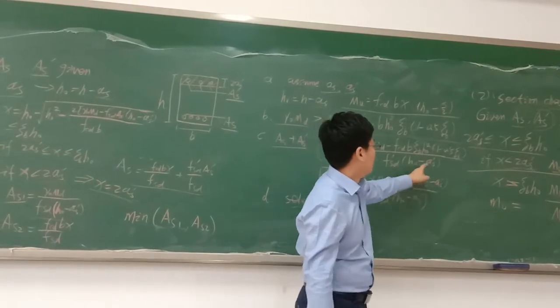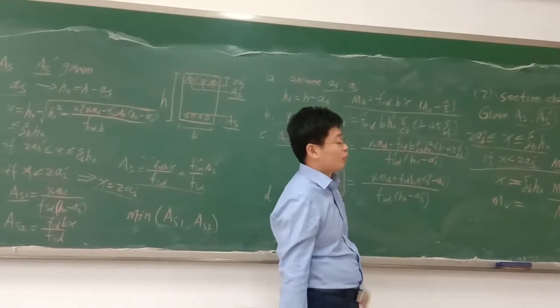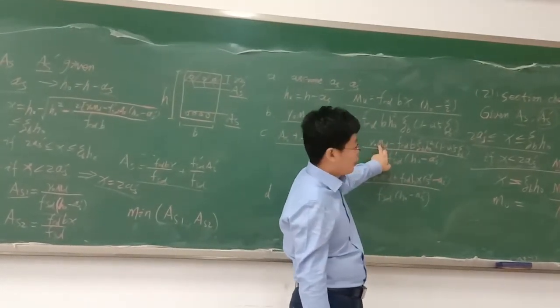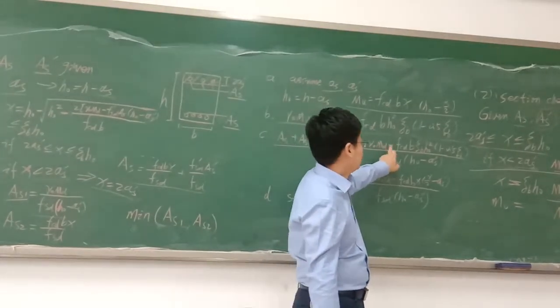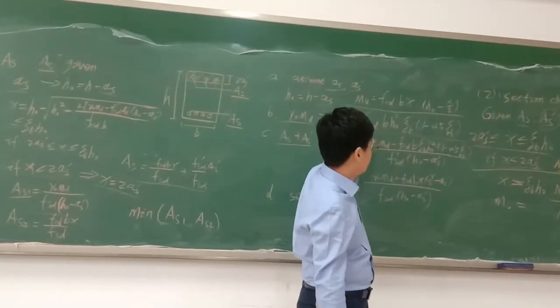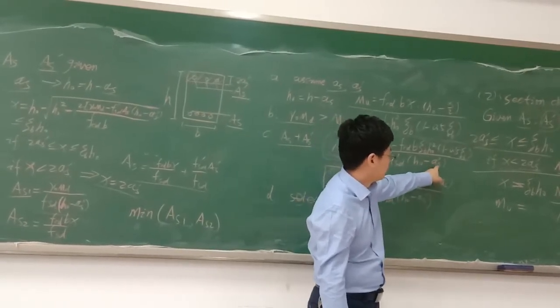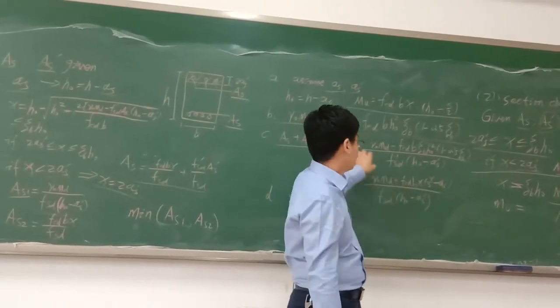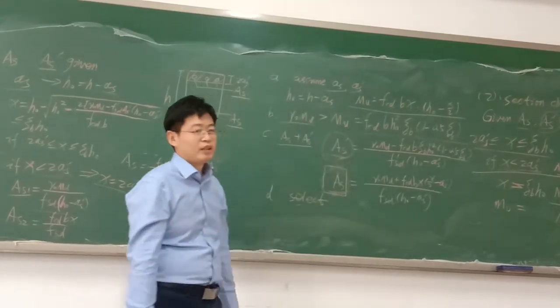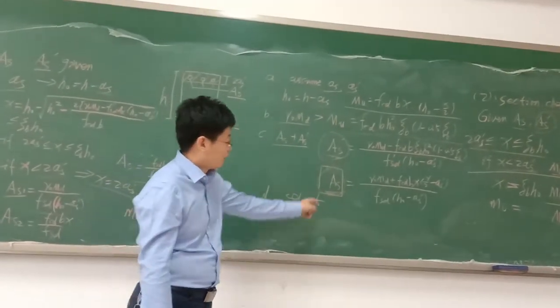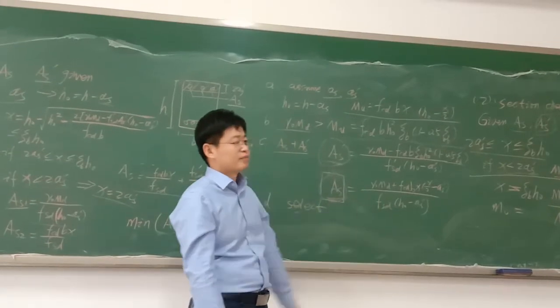So here we all know, because this is the external load. This part is MU, and this part MSD prime is 0, AS prime. We all know. Then you can get AS prime, and AS is also the same thing.